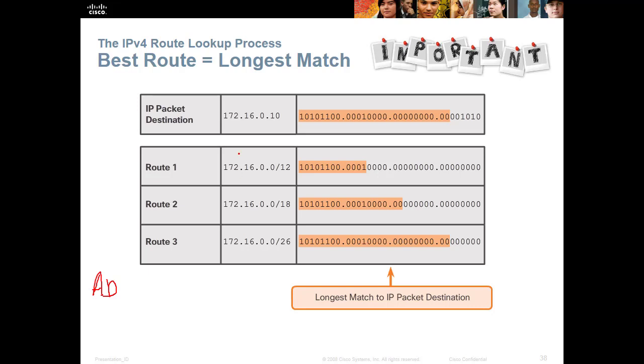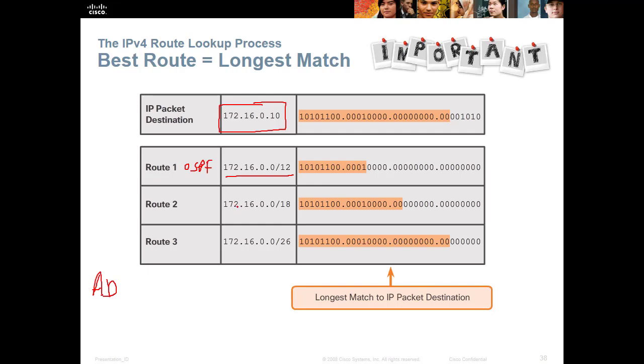Let's say I have a targeted IP of 172.16.0.10. That's the IP address in a layer 3 header that my router has received, and the router needs to reach 172.16.0.10. Now, let's say I have in my routing table at this exact moment, which is possible, the 172.16.0.0/12, and this network was learned through OSPF.